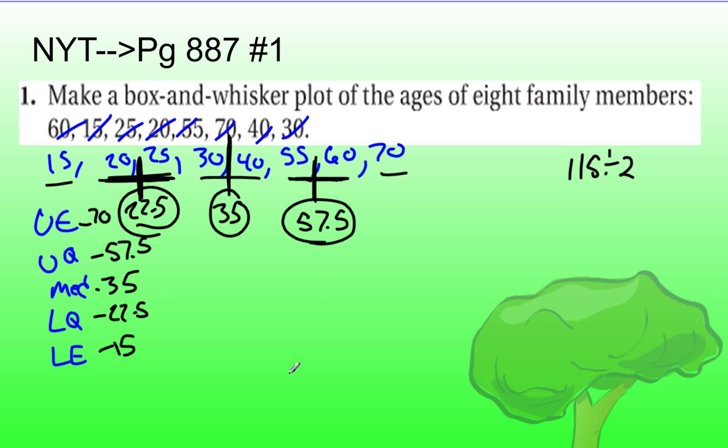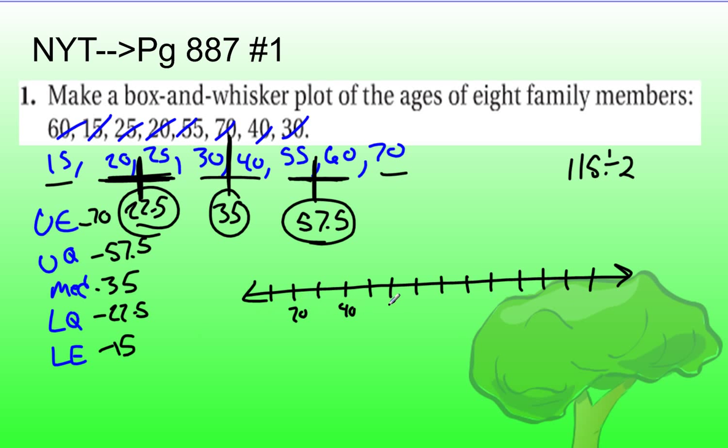So now I have all the pieces of information that I need. I need to make a number line. I need to count from 15 to 70. So 15, 20, 25, 30, 35, 40, 45, 50, 55, 60, 65, 70, 75, 80.